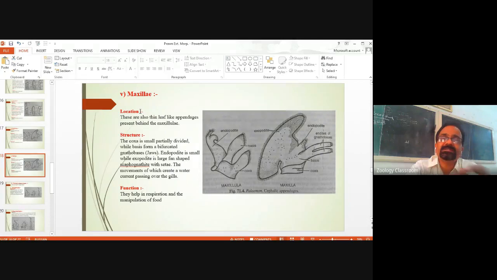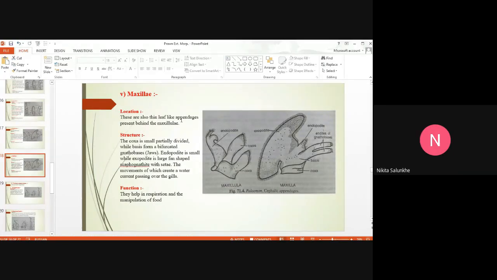See, this is again a question for MCQ. A question may be asked in the form of: the third appendage of cephalic appendages of prawn is called as dash. So what would be your answer? Mandibles.